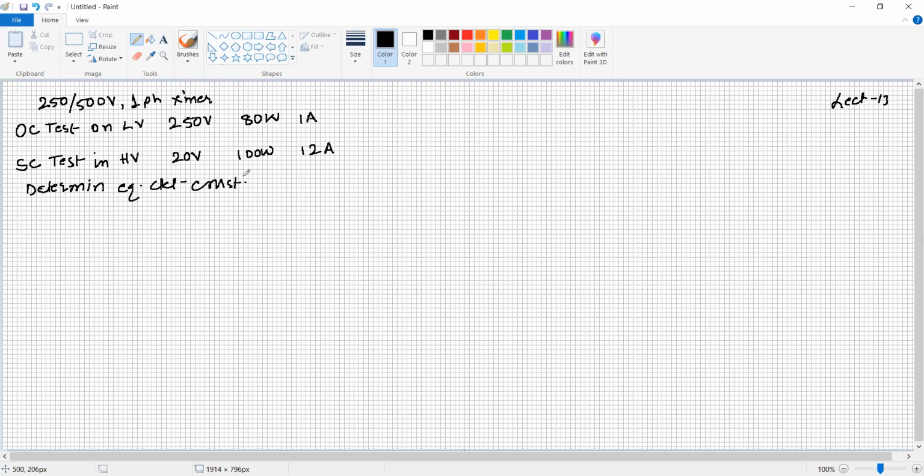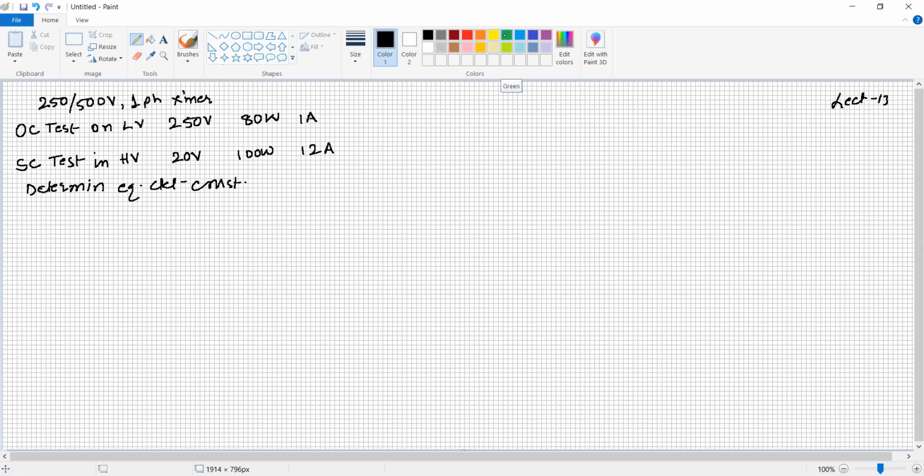Now here the kVA of transformer is not given. Again, we will consider that short circuit test has been performed on the full load condition. The secondary current, that is the 500 volt side, the current is 12 ampere.